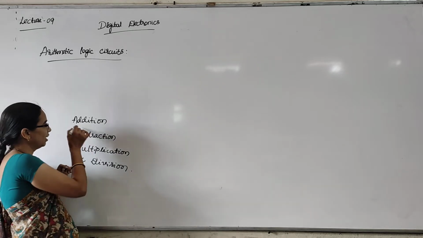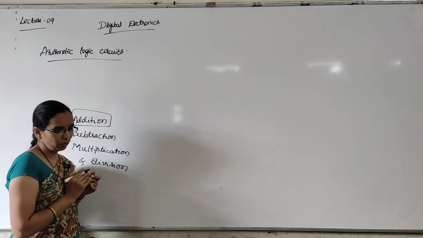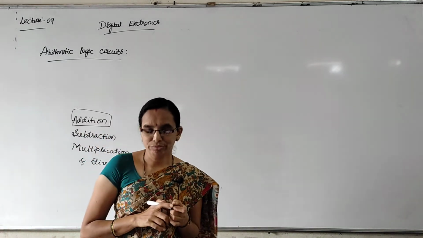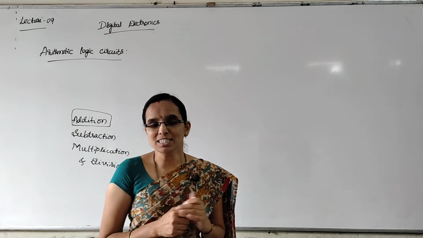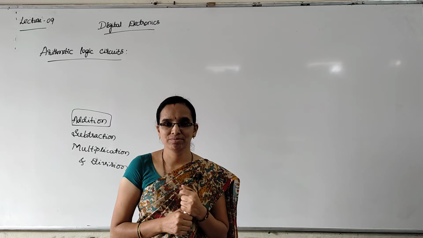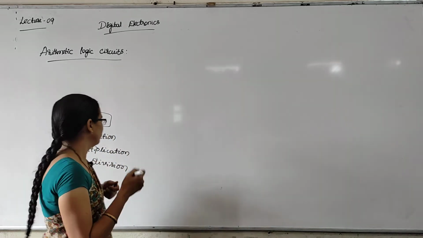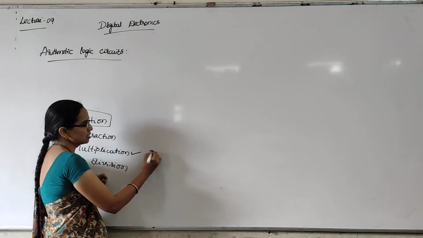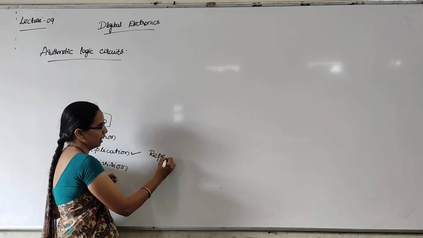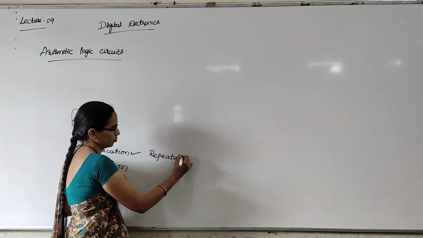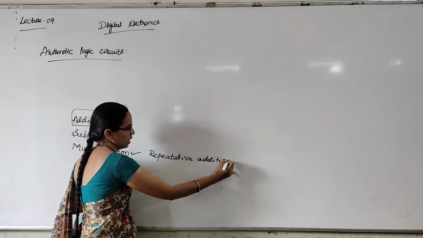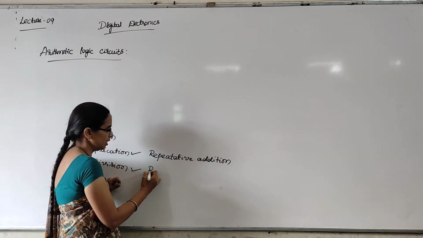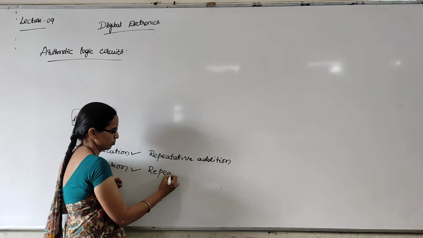And as I have already told you, and also we have worked with examples, digital systems only perform addition. That means we know that multiplication is repetitive addition and division is repetitive subtraction.